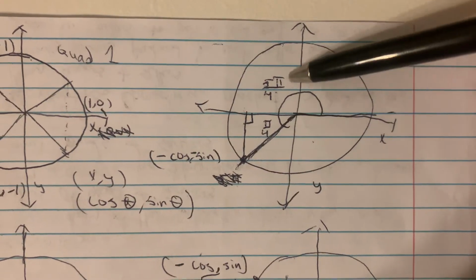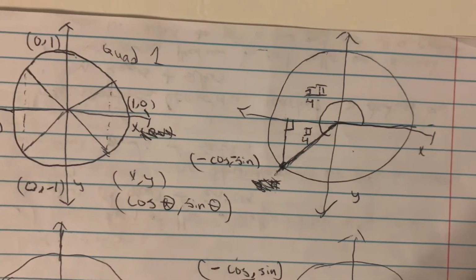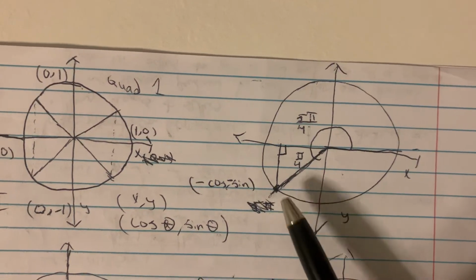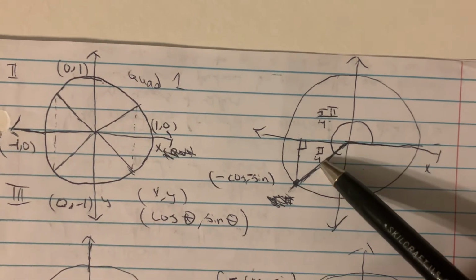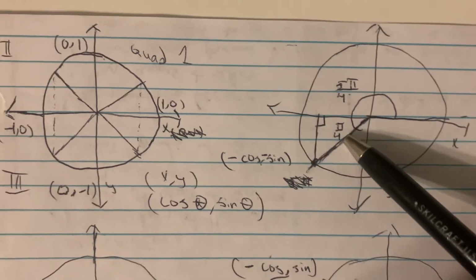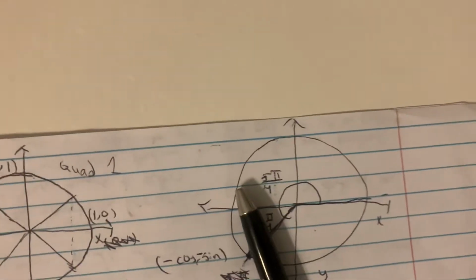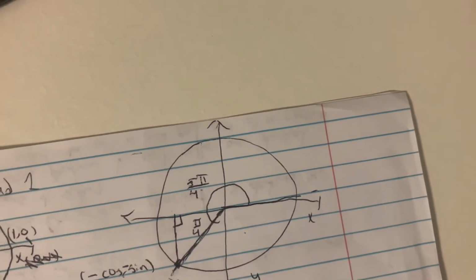From there we can see that this lies in the third quadrant, which means cosine values and sine values will be negative. So from here we find the cosine of pi over 4 and the sine of pi over 4.